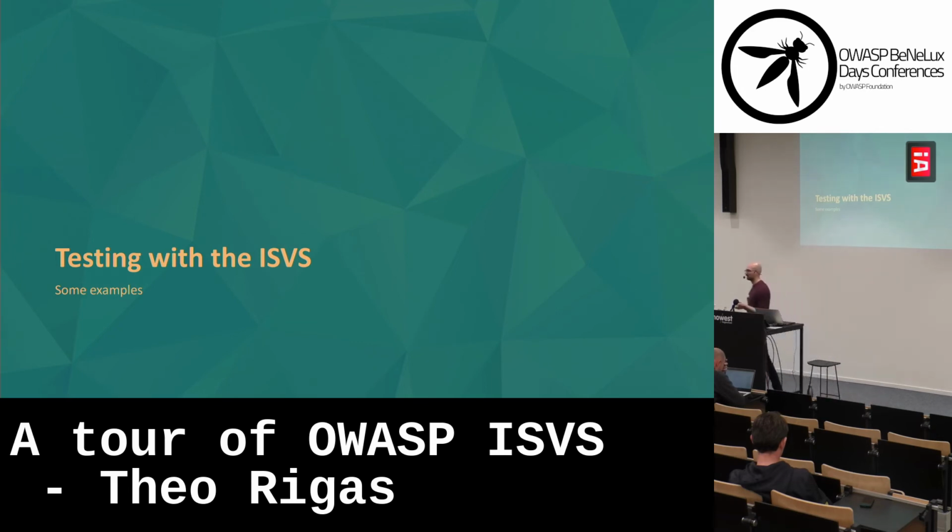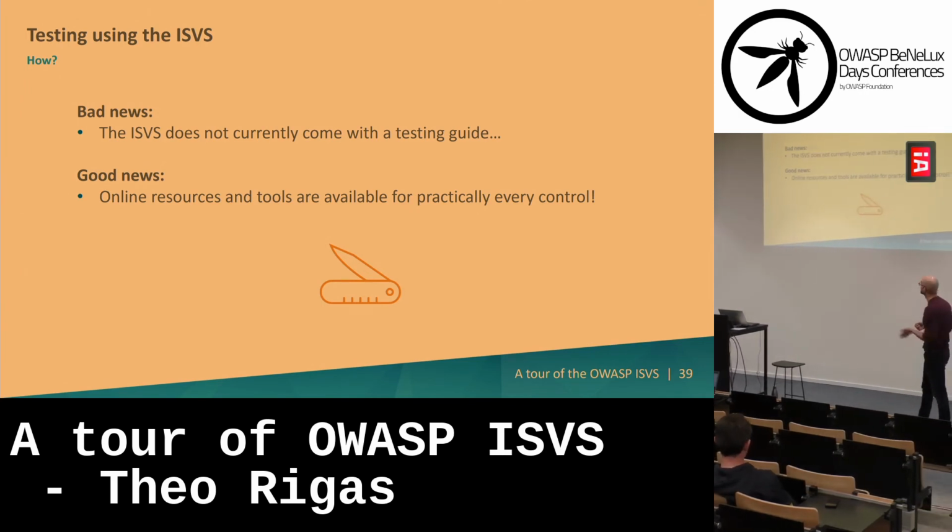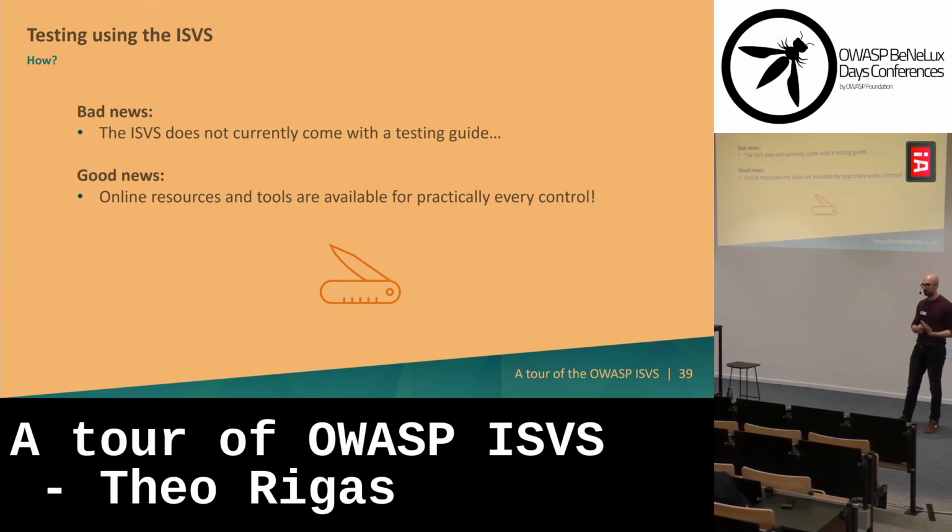They were made with that in mind, as are the requirements in the MASVS and the ASVS. So they all start with verify that, and then a very concrete thing to verify. But there's bad news, good news. Bad news is that the ISVS doesn't currently come with testing guides, like the MASVS and the ASVS do.